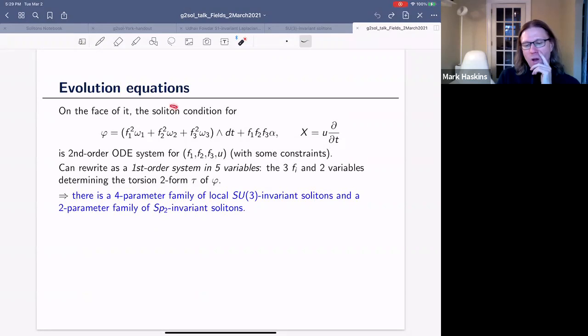You need to write down what the soliton conditions do. So we've got the 3-form and the metric. We assume also that the vector field is invariant as well, so it's just given by some function u. Then we're going to get some ODE system for the F's and the u, which when you first look at it is second order in these, first order in u, and has a bunch of constraints and looks a bit of a mess.